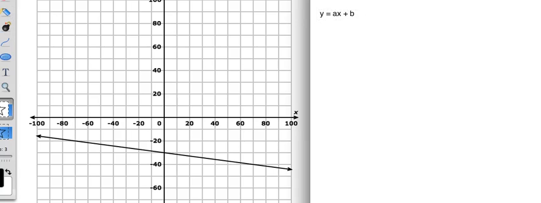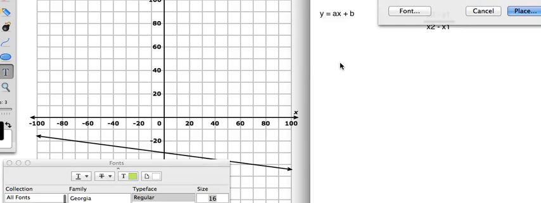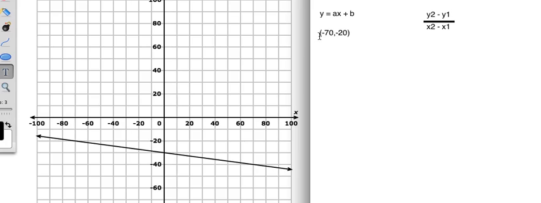And I know I'm going to take 2 points and use this formula once I get those 2 points to find the slope. Let's see, 2 points here. I see there's a point right here. Its coordinates are negative 70 for x, negative 20 for y. Let's write that one in right away. Negative 70 for x and negative 20 for y. Okay, so that's 1 point.